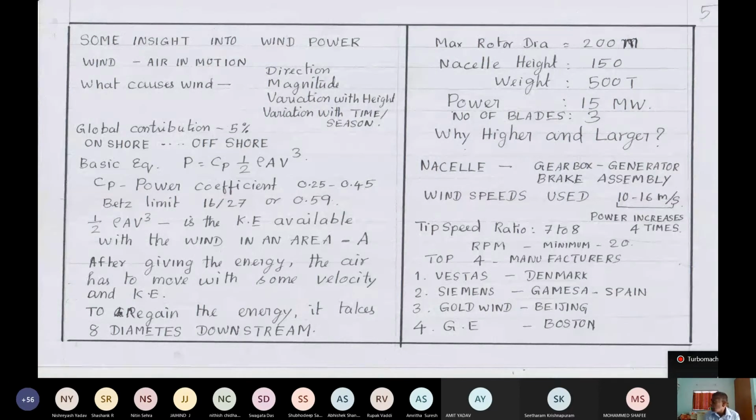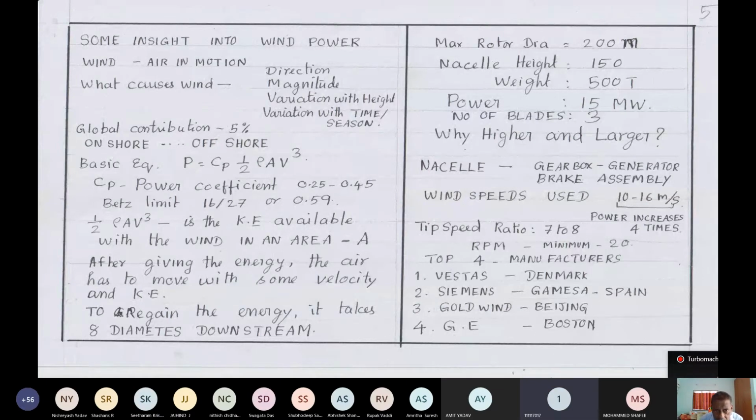Now the basic equation for wind power is P equal to Cp into half rho A V cube, where Cp is the power coefficient. One may get values 0.25, 0.45. Any doubt?